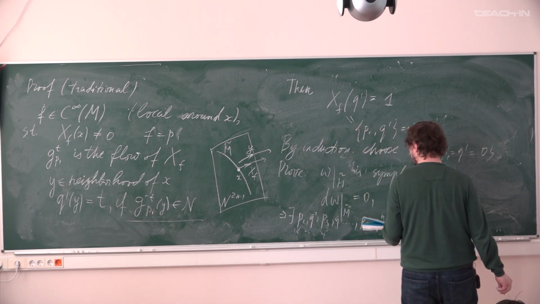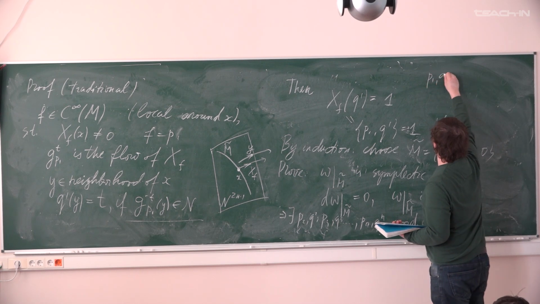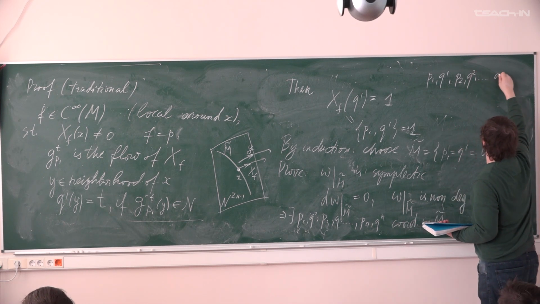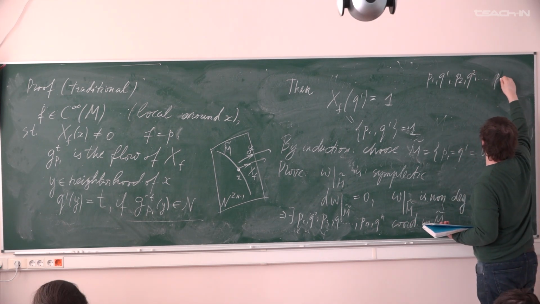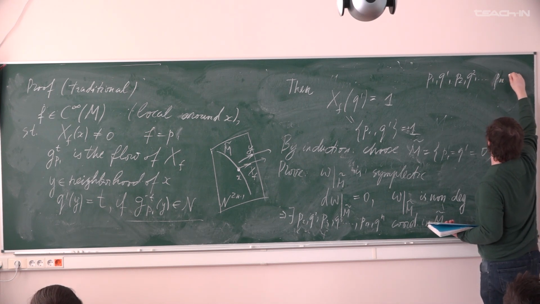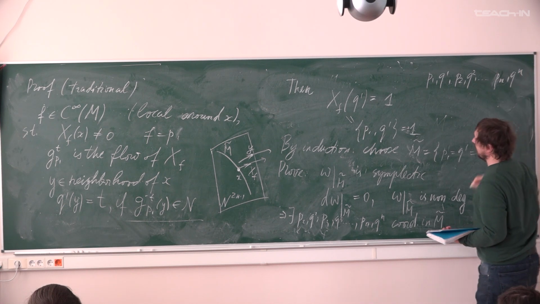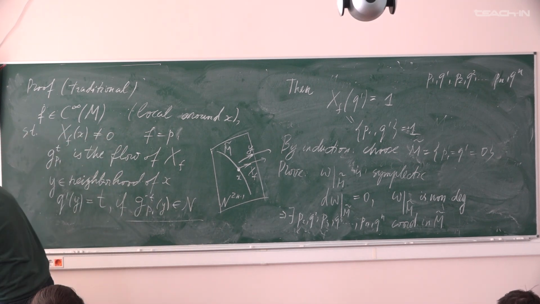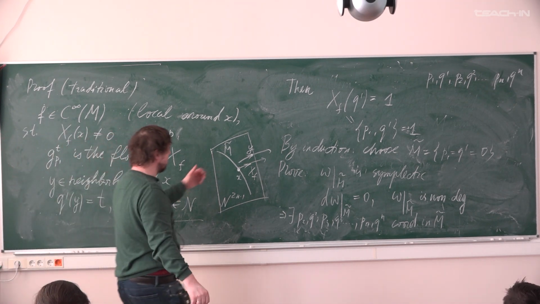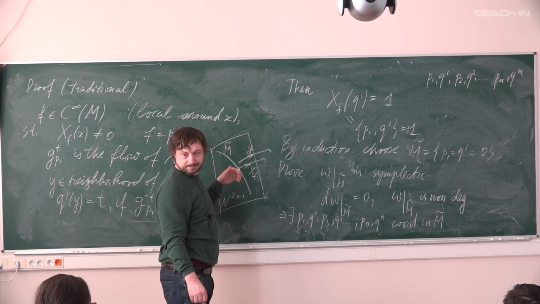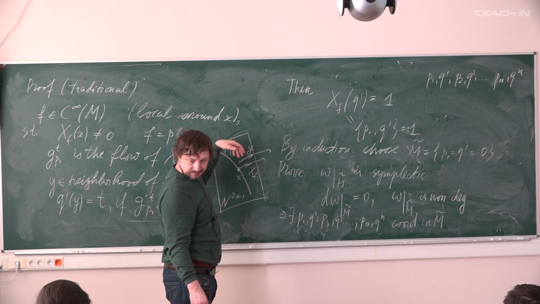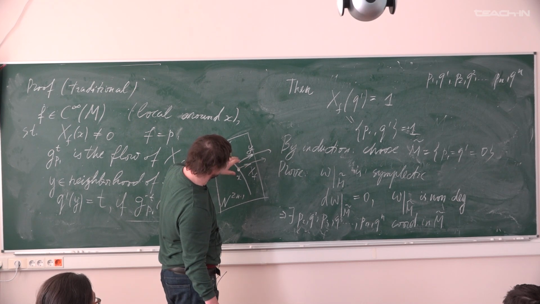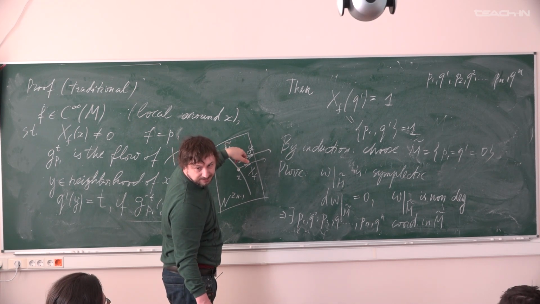Then you add the coordinates p1, q1 to this set. Before that, of course, you need to extend pi and qi from this M tilde to the whole neighborhood. But to this end, you just consider the projection. So locally, M tilde is just some hypersurface of codimension 2 in Euclidean space.